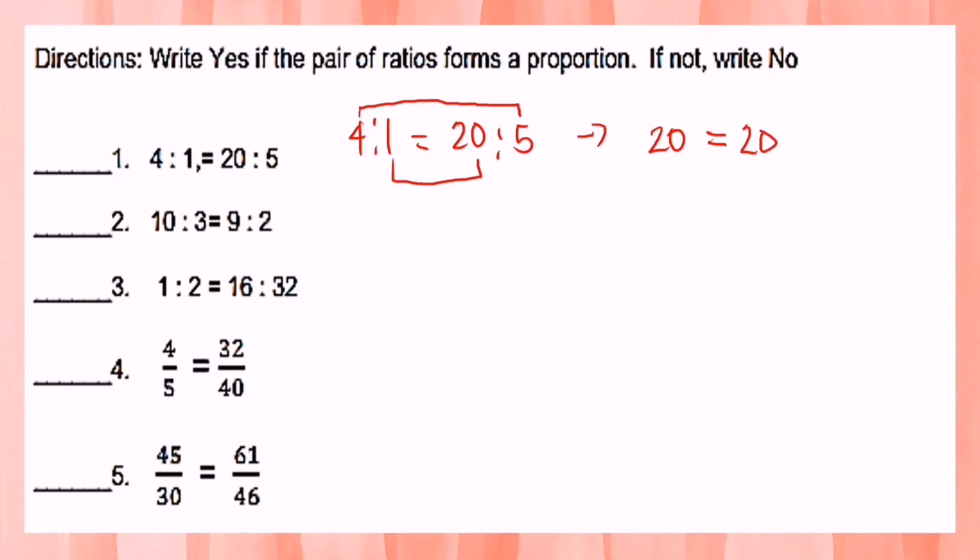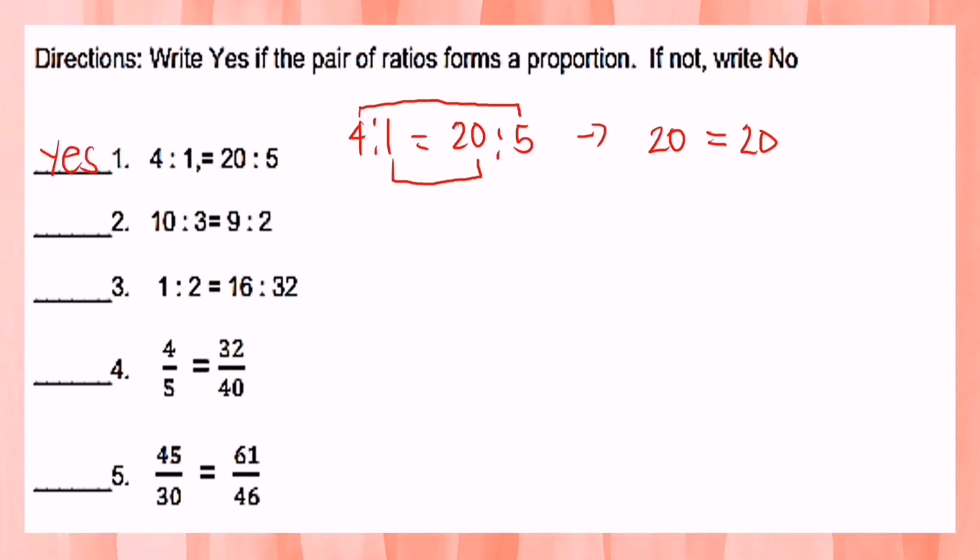So since equal ito, ibig sabihin, 4 is to 1 is equal to 20 is to 5. Ibig sabihin, this pair of ratios is a proportion. Kaya ang sagot sa number 1 ay yes.